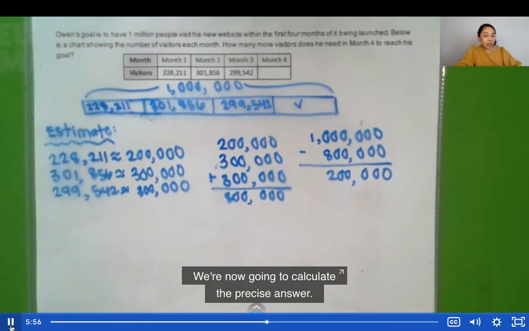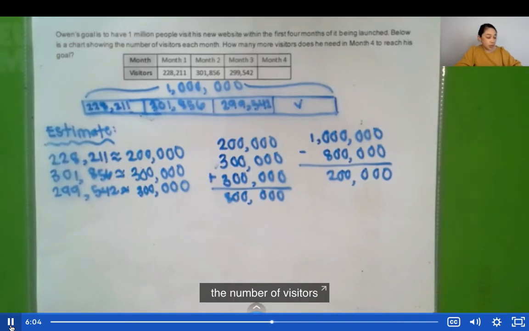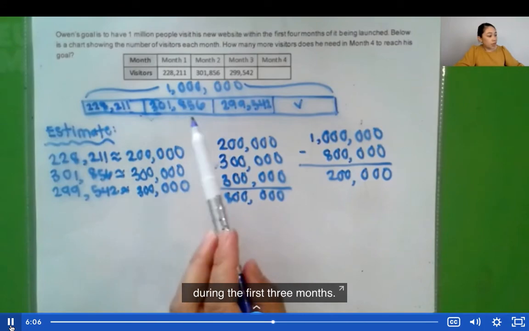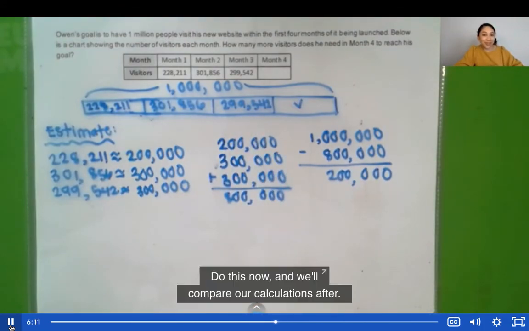We're now going to calculate the precise answer. We'll do this step by step. I'd like you to first calculate the number of visitors during the first 3 months. Do this now, and we'll compare our calculations after.